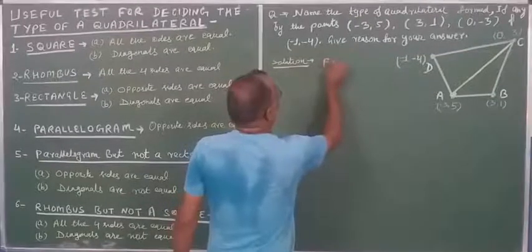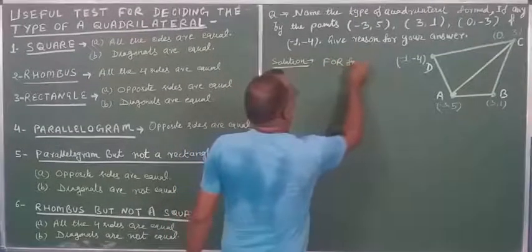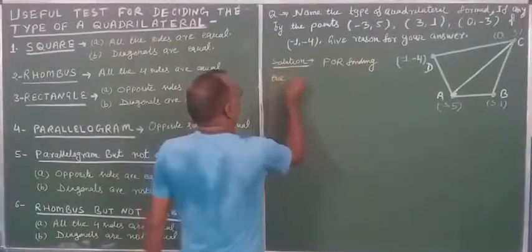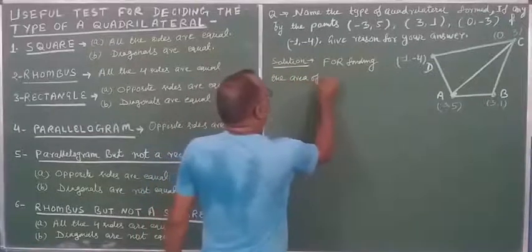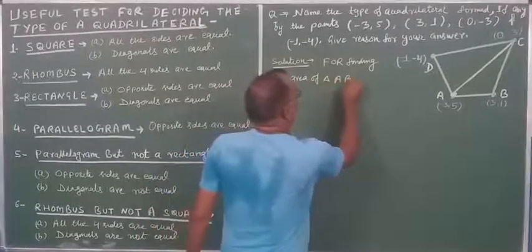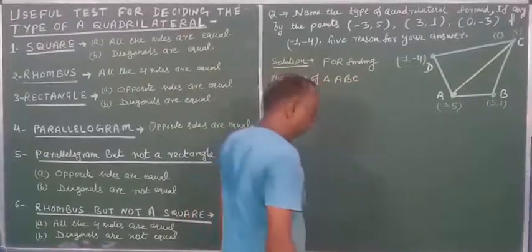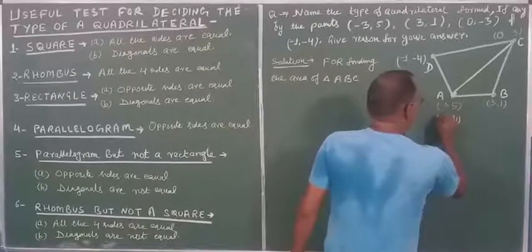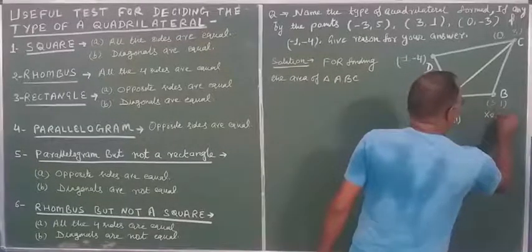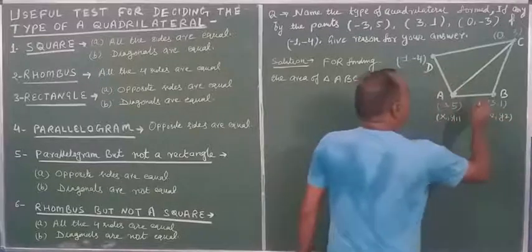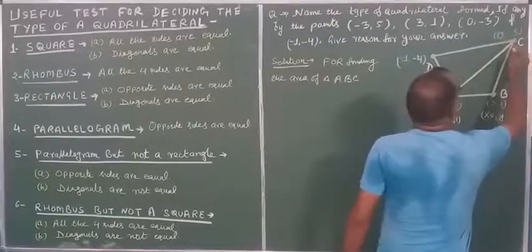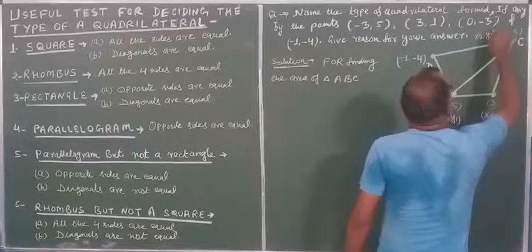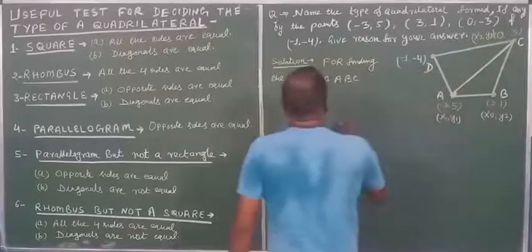For finding the area of triangle ABC, these are (x1, y1), (x2, y2) and (x3, y3). So what is that formula?